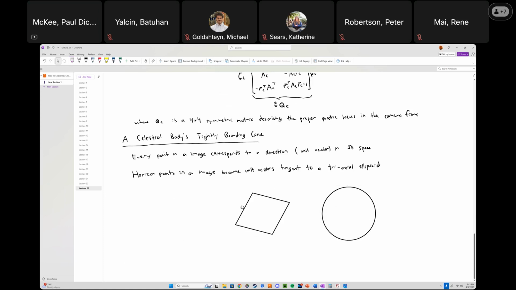I wanted to do like kind of a trapezoid to show the perspective here. And then imagine we have a camera that's right here. Okay, so let's see, automatic shapes.